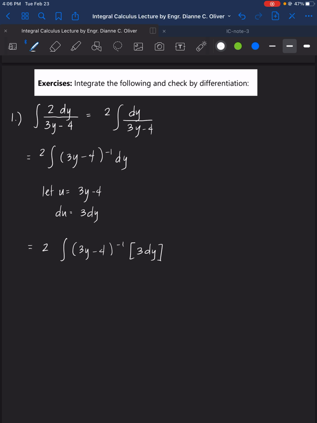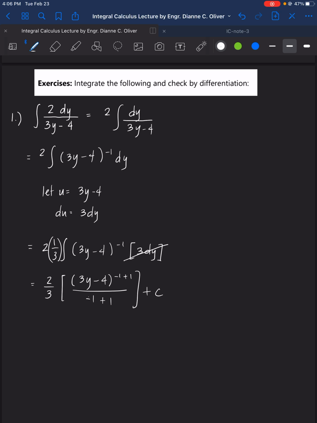To balance, we need to put 1/3 here so that this one will be cancelled. That is equal to 2/3 of 3y minus 4 raised to negative 1 plus 1 all over negative 1 plus 1 plus c.